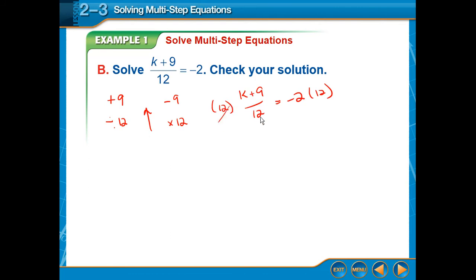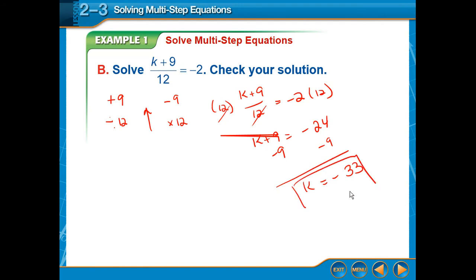Those 12s cancel, so I get k plus 9 equals negative 24. Then I subtract 9, and I get k equals negative 33.